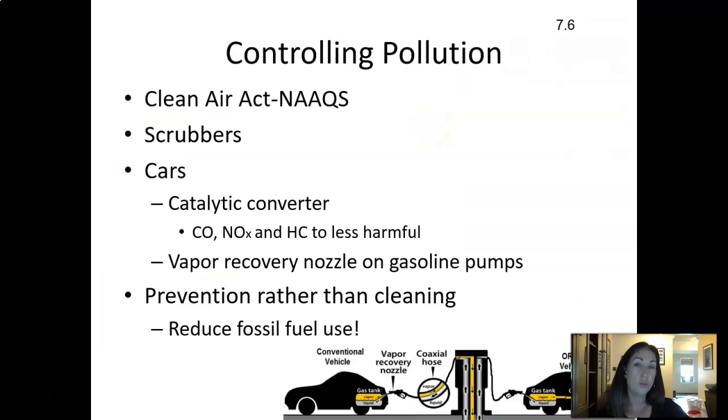Now, one way we can control our air pollution is with legislation. We have set the maximum safe limits, and if you are in violation of the NAAQS, we alert the public. We have code red, code orange, code yellow days to alert the public that the air quality might not be good.